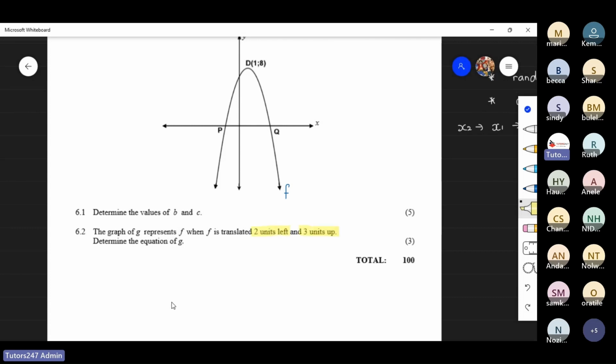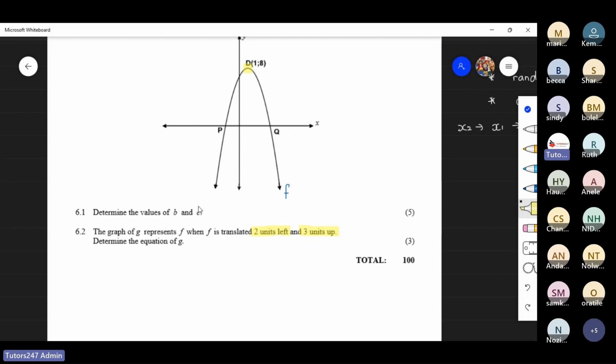Now keep in mind that G represents F when F has been shifted 2 units to the left and 3 units up. So when a graph has been shifted, what do we focus on in order to move it? What we focus on is an important point, which is our turning point. Always remember your turning point within a parabolic function is going to be used for a lot of things. For example, the x value of your turning point represents the axis of symmetry.